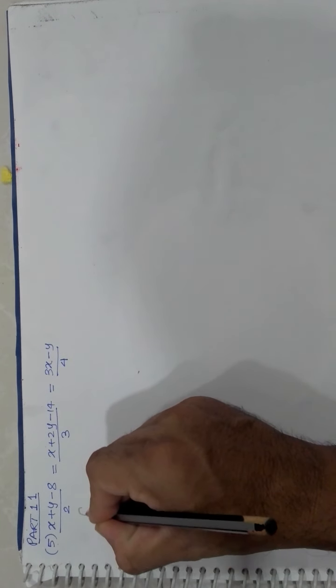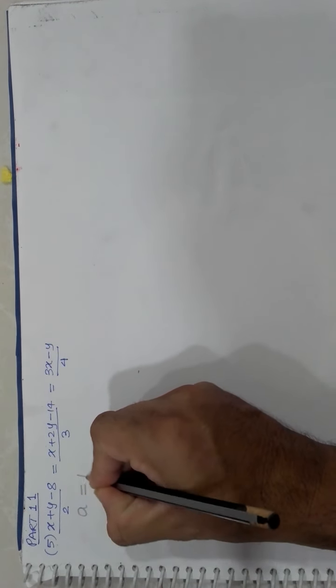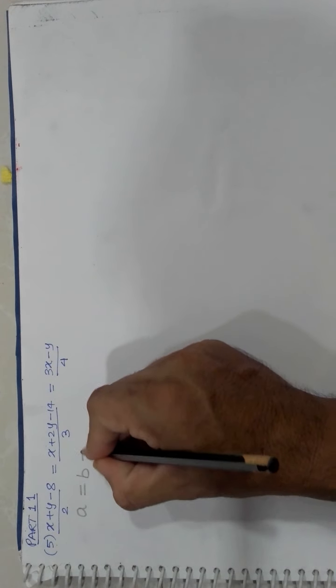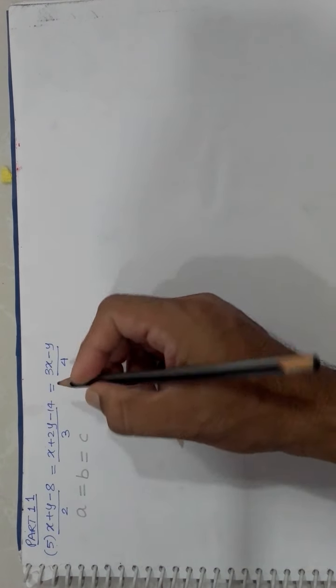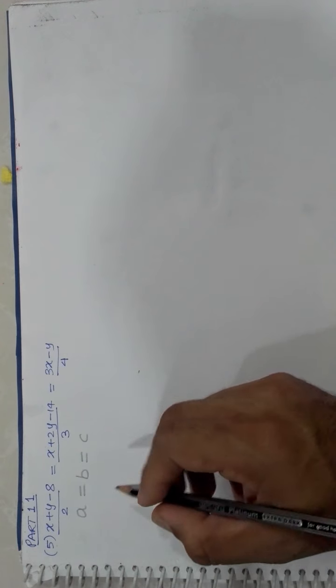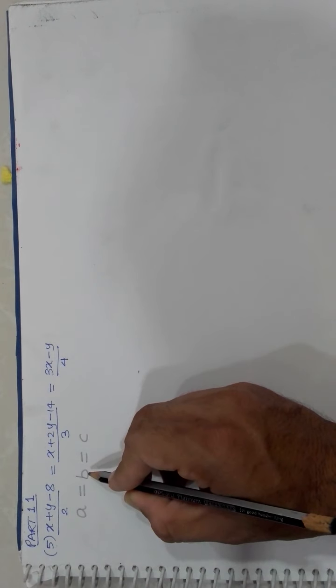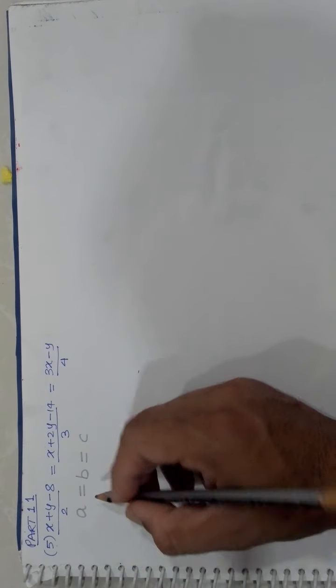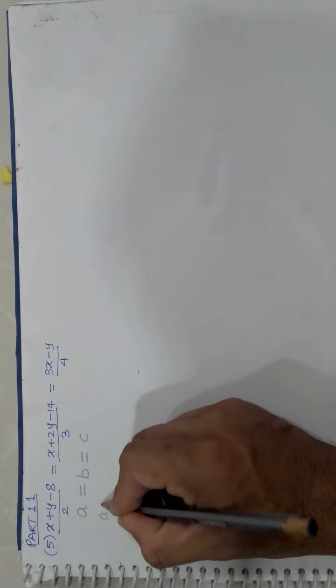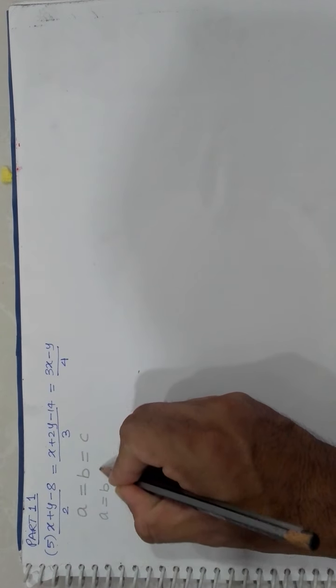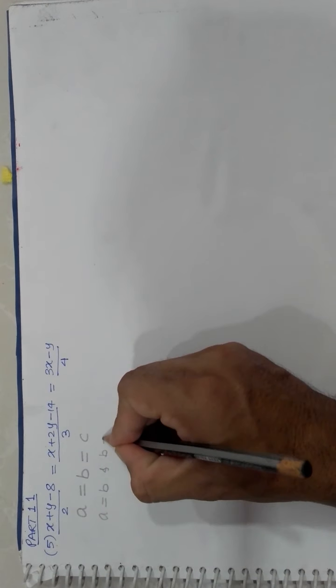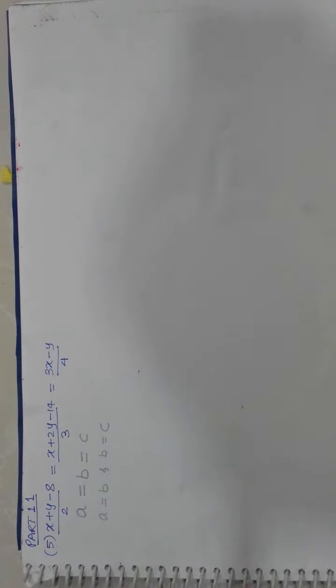Here it is in the form of A is equal to B is equal to C. So obviously, if the first thing is equal to the second thing is equal to the third thing, it means that the first thing will be equal to the second thing and the second thing will be equal to the third thing.